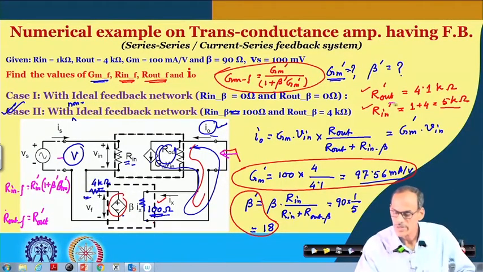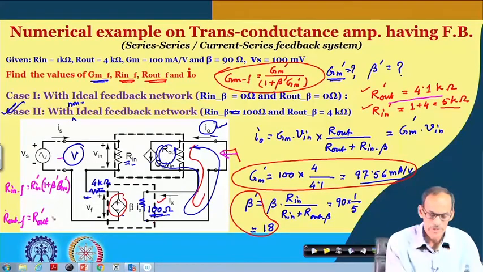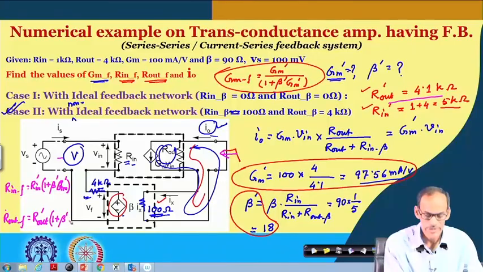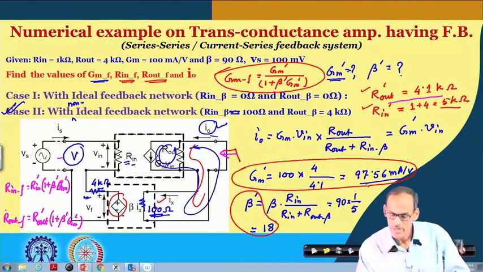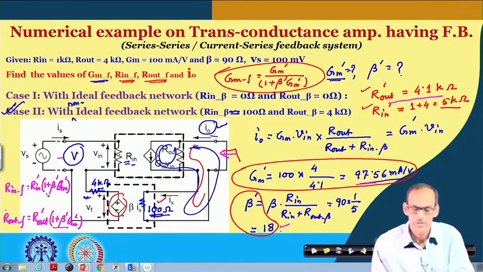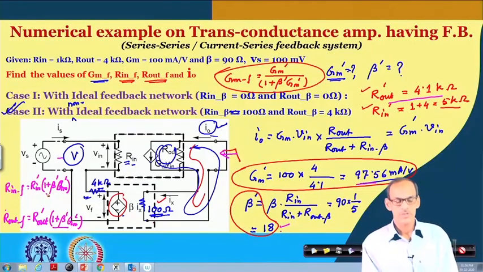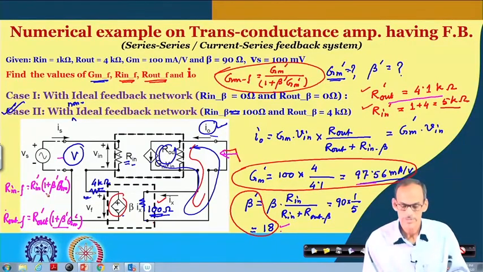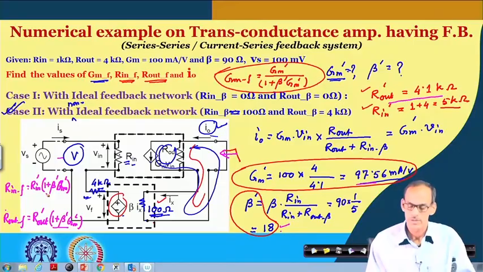R out dashed we already have, 4.1 k, multiplied by 1 plus beta dashed into GM dashed, and GM dashed is given here, and beta dash is 18. So, we can find what will be the corresponding factor. So, I think you yourself can calculate this one. Now it is a matter of using your calculator.